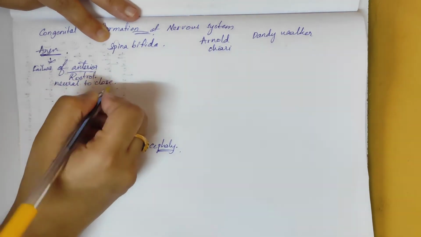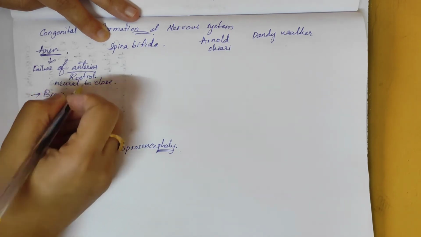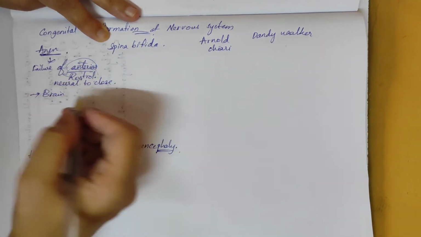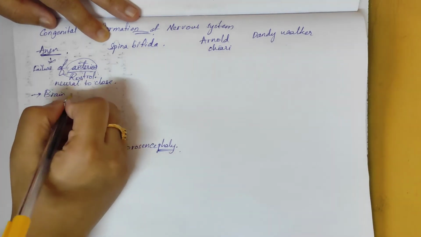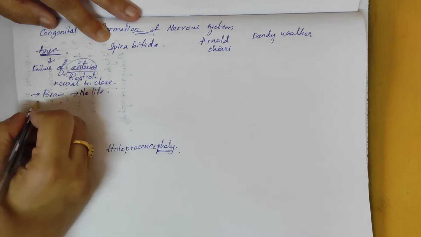In this case, the brain does not develop, as the anterior or rostral end forms the brain, so it is obviously incompatible with life.